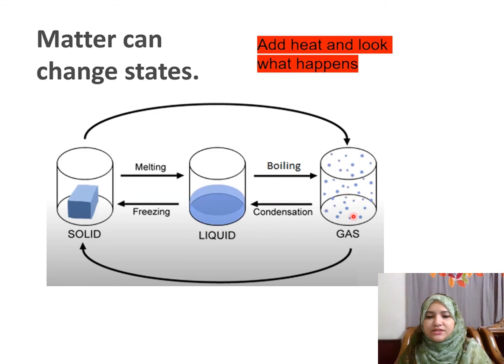That means in the reverse process, when we start with the gas, as we can see over here, we are now going to cool it. We have to apply the condensation process.